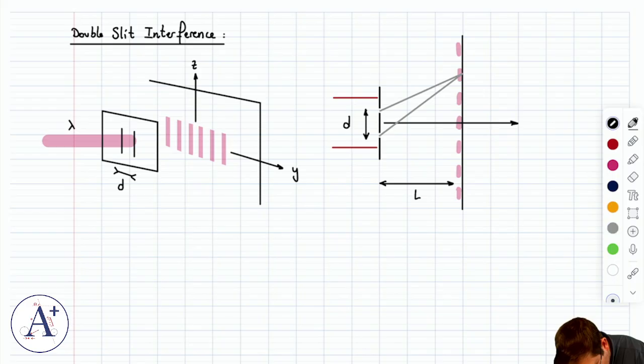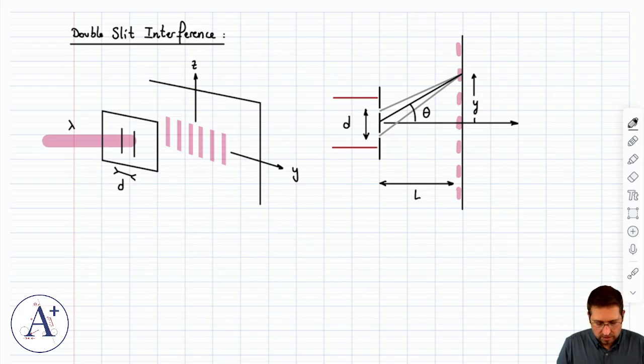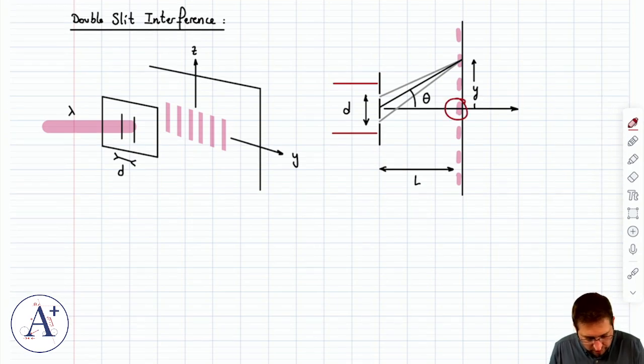And so the idea is that this fringe here, be it bright or dark, is going to be located at an angle theta, or equivalently a coordinate y from the center. And all the fringes have the same brightness, the pattern is centered on a bright fringe called the bright central fringe.